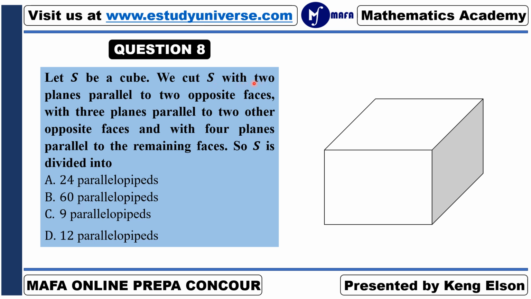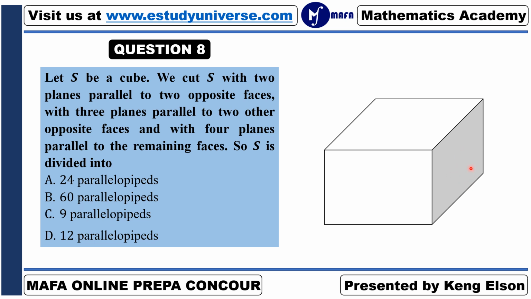We get S with two planes parallel to two opposite faces. So we are going to consider this face here, meaning the left and the right face. If possible, just hold a Maggi cube and follow along, or a box of chalk, or any box that has a cube-like structure.